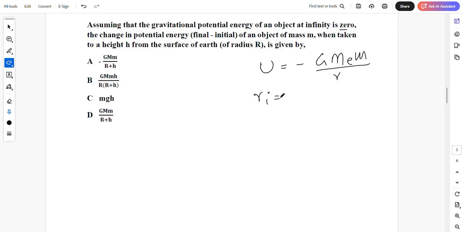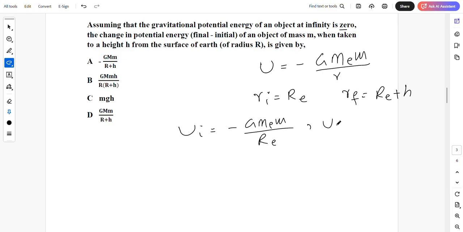Ri is equal to Re itself. Rf is equal to Re plus h. Therefore, initial potential energy will be equal to minus G Me m divided by Re. Final will be how much? Uf is equal to minus G Me m divided by Re plus h.